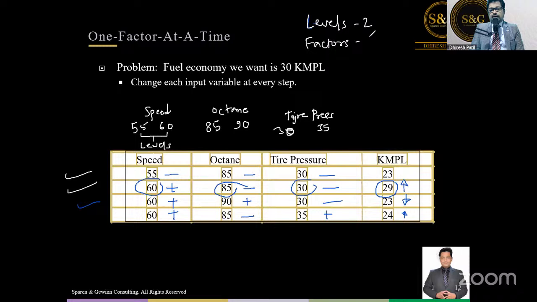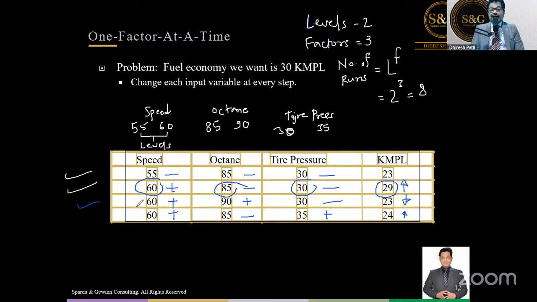There are 3 factors. So the number of permutations, or we can say number of runs, there is a formula. The formula is L raised to F, which is level raised to factor, which is 2 raised to 3 is equal to 8. So minimum 8 runs will be there, which will test all the permutation and combinations.